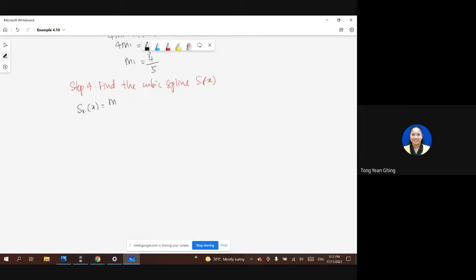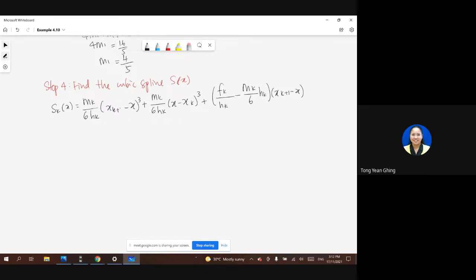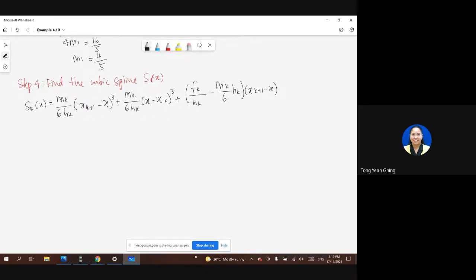fk(x) equal to Mk/(6hk) times (xk+1 minus x) to the power of 3 plus Mk+1/(6hk) times (x minus xk) to the power of 3 plus fk/hk minus Mk hk/6 times (xk+1 minus x), and then a longer part, plus fk+1/hk minus Mk+1 hk/6 and so on. Don't be scared when you see a long formula.